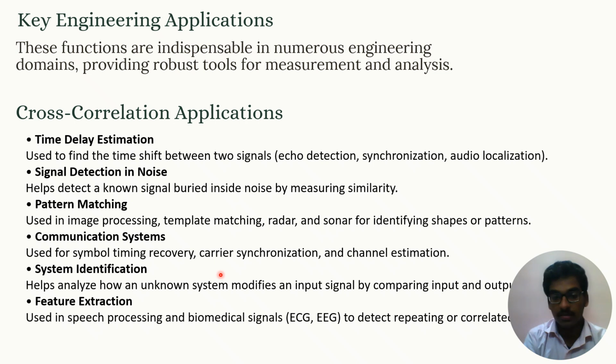It is used in communication systems, where symbol timing recovery, carrier synchronization and channel estimation are there. It is used in system identification. Also it is used as feature extraction, in speech processing and biomedical signals like ECG and EEG, to detect the repeating or correlation.